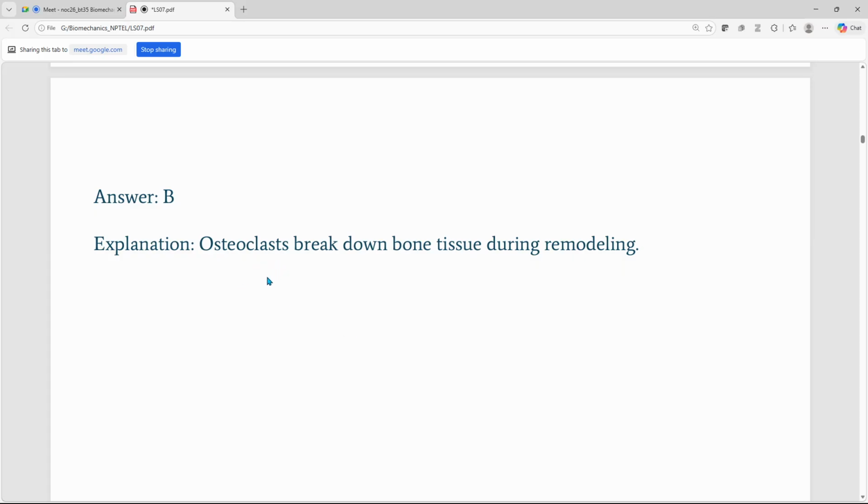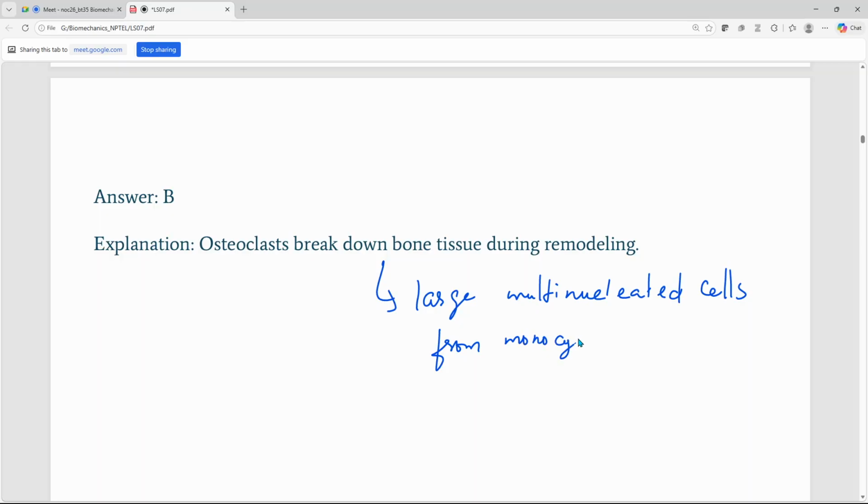Osteoclasts are large multinucleated cells derived from monocytes or macrophages, which break down bone using acid or enzymes.